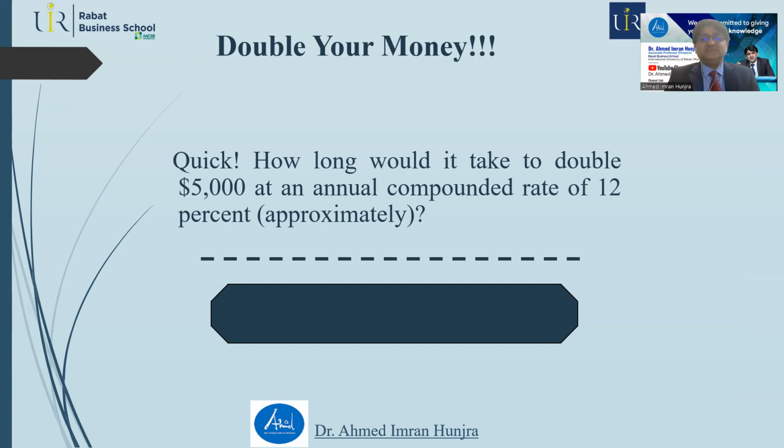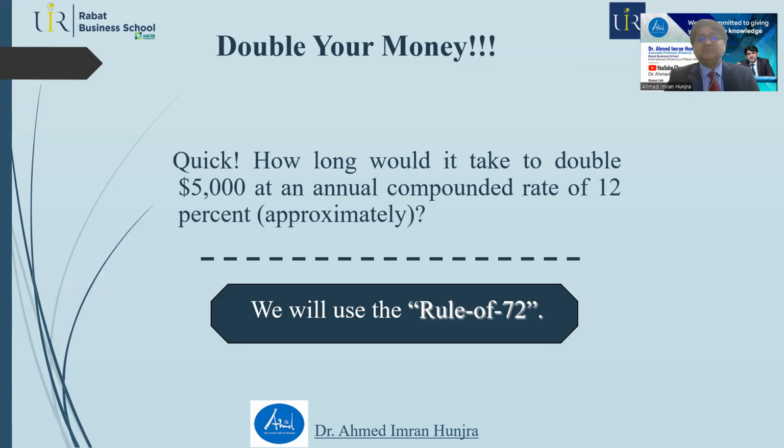So what is the objective? The objective of the rule of 72 is to find the number of time periods, and its condition is that your future value, meaning the target money, should be double your present value. How long will it take to double 5,000 at the rate of 12%, approximately? We use the rule of 72.